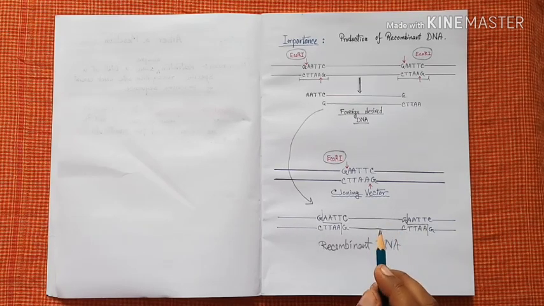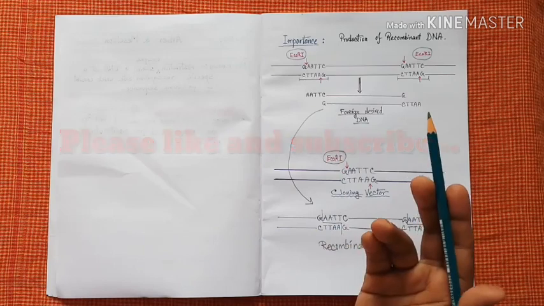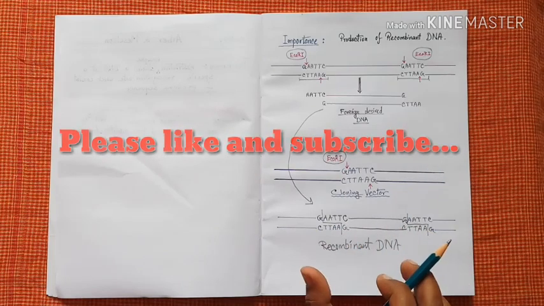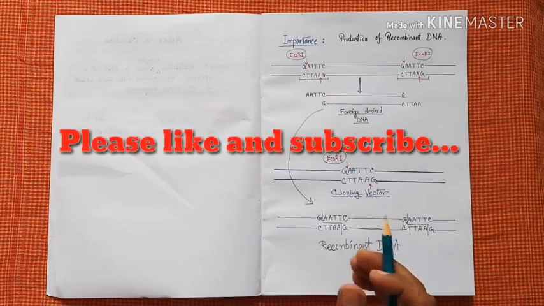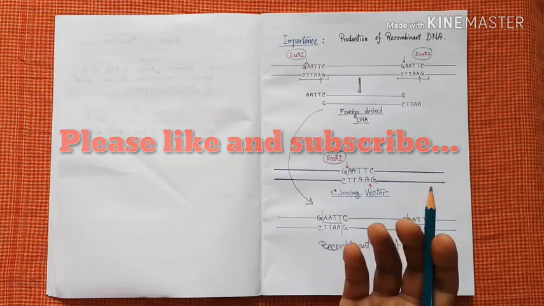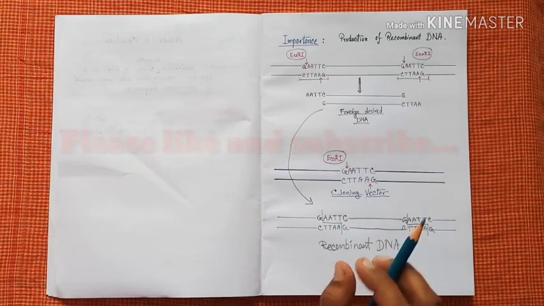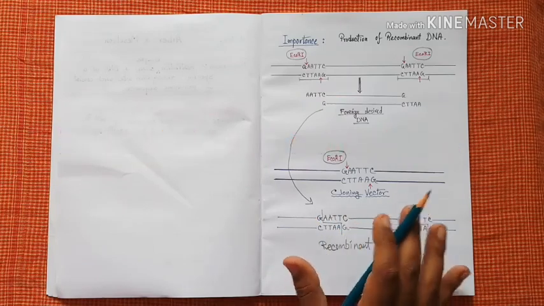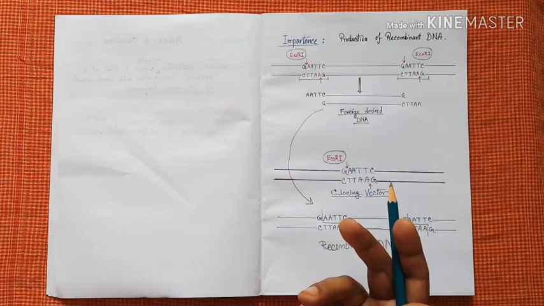So, this is how with the help of any restriction endonuclease we can produce a recombinant DNA or genetically modified DNA. This is a very important mechanism in the field of biotechnology, and that is why restriction endonucleases are so important.